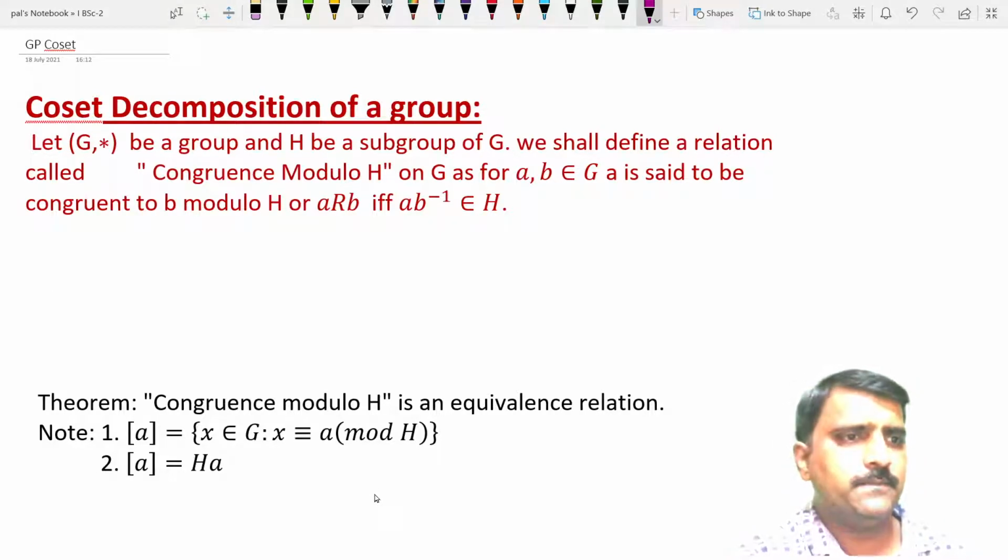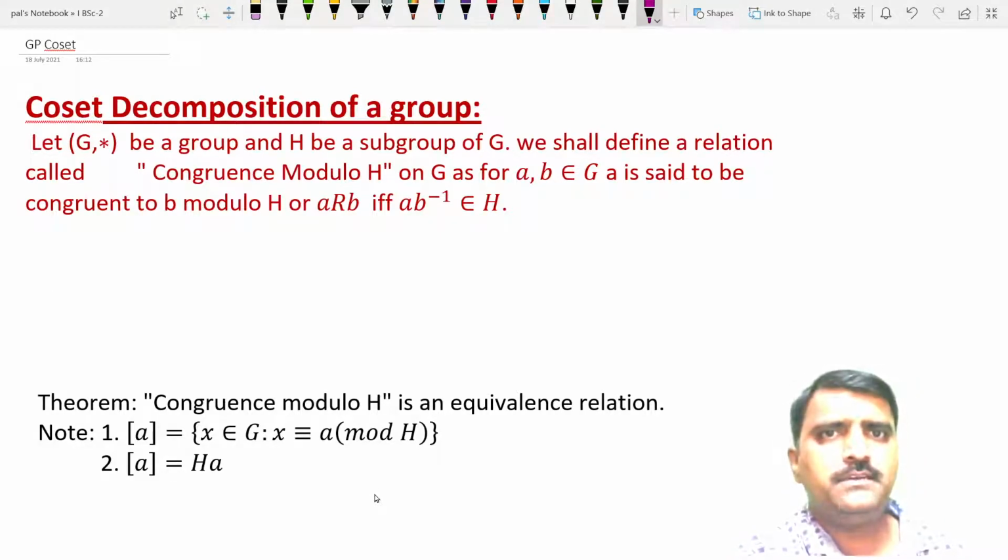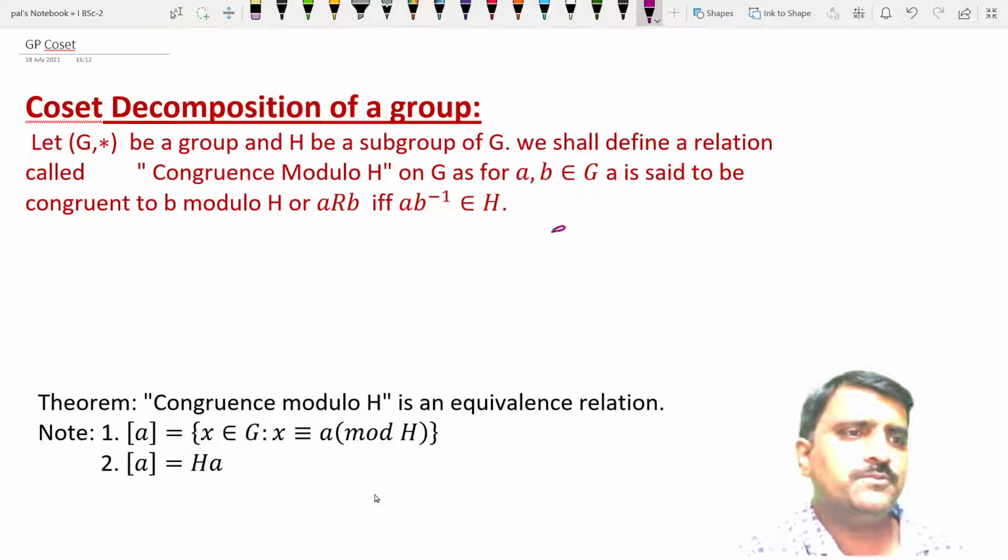As usual, our favorite group is the fourth root of unity. G is equal to the group of fourth roots of unity. It consists of 1, minus 1, i, minus i.